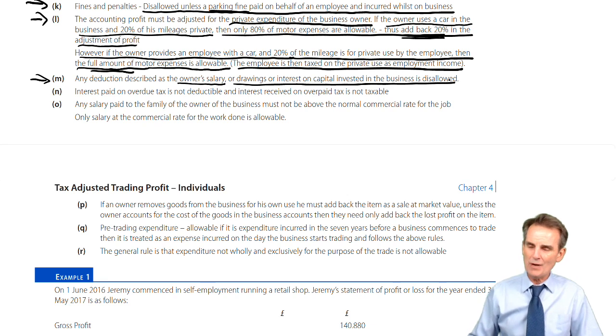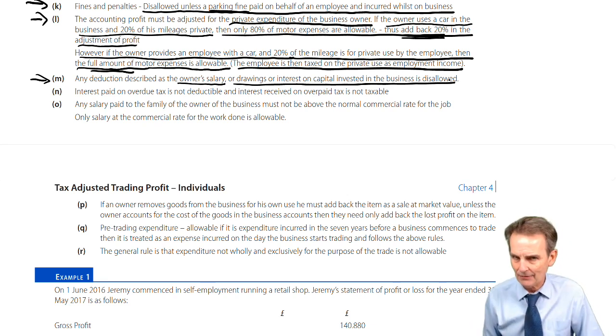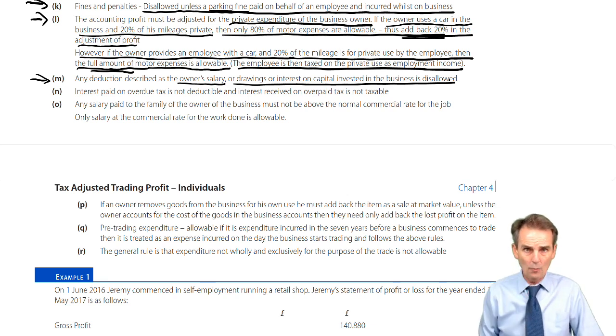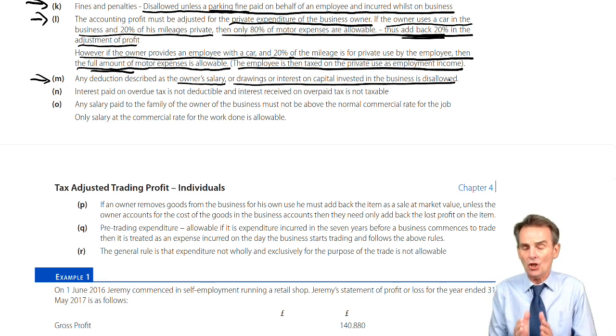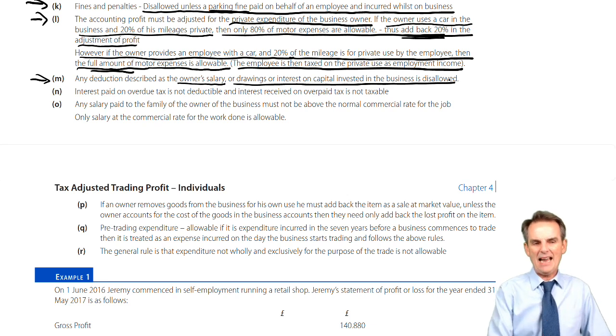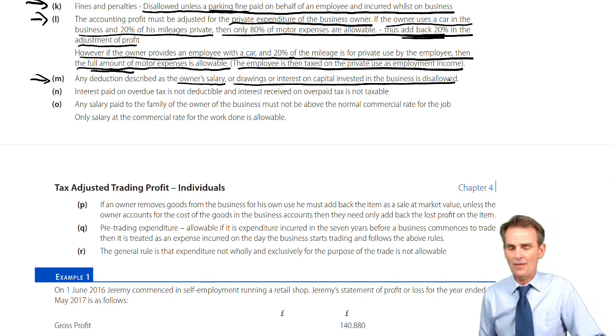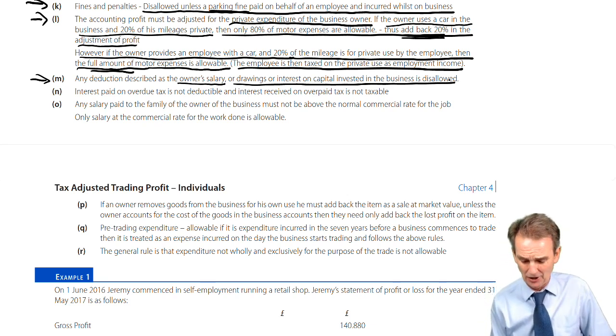Now, they might try to rename it the owner's salary. No, he doesn't have a salary. This is an unincorporated trade. What the unincorporated trader has is an adjusted trading profit. They do not have a salary. So if you get that management salary, management fee, those are drawings, and hence they are added back, they are disallowed.